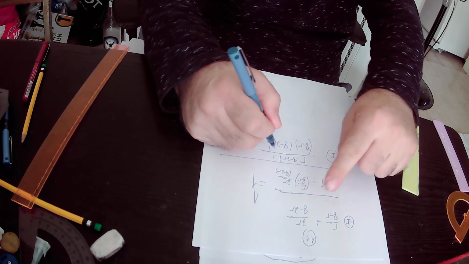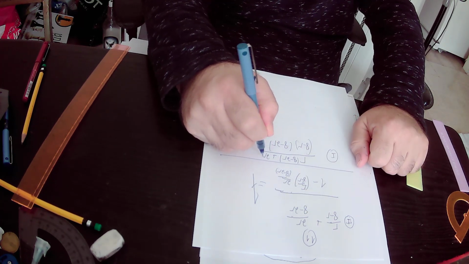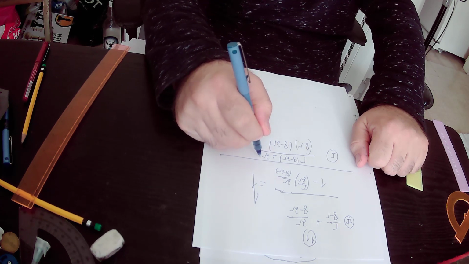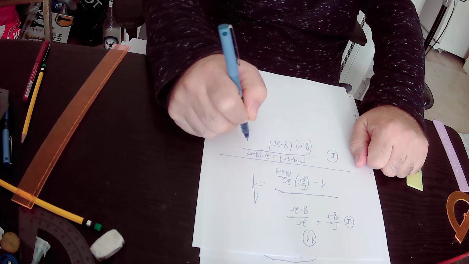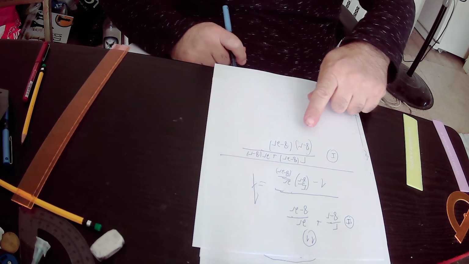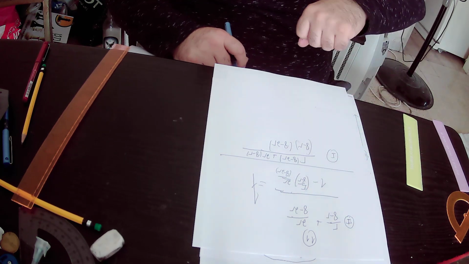And in order to get this expression, we will multiply 2R by 8 minus R. Okay, so actually this expression equals exactly to this expression.